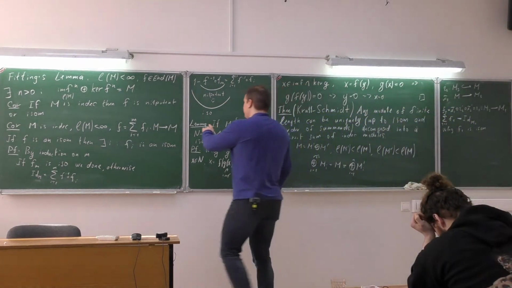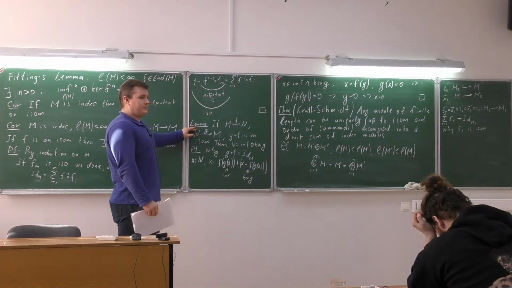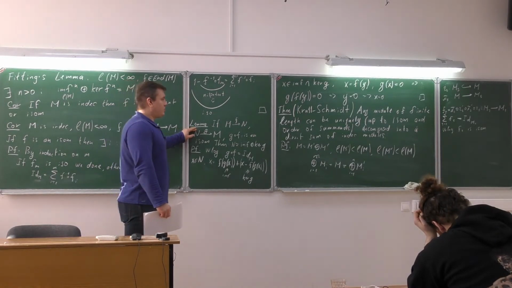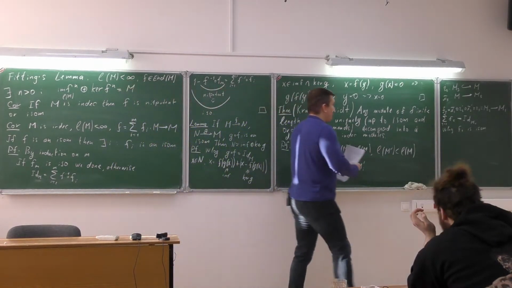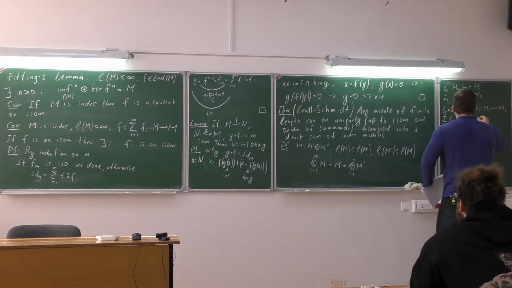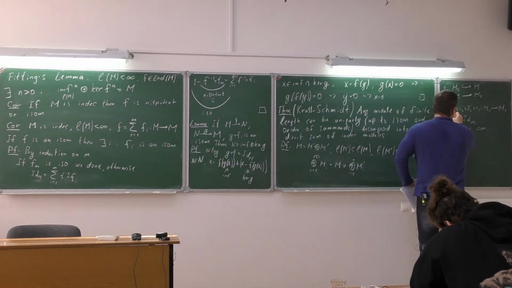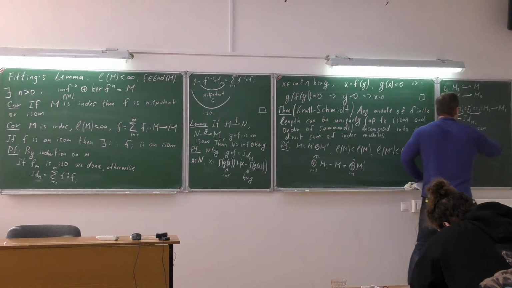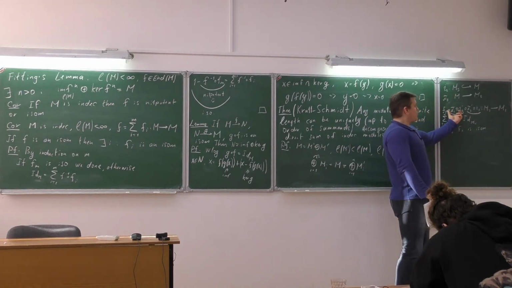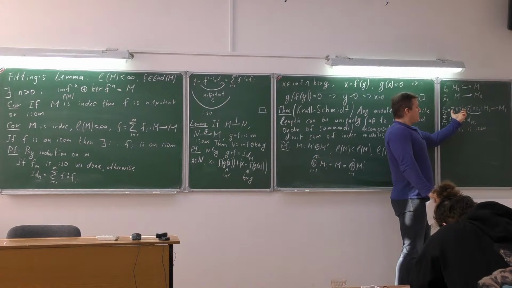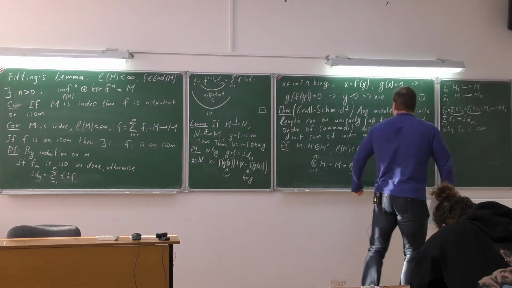I use this lemma. F1 is a map from M1 to M1, and I want to think about this F1 as a composition of these 2 maps. So this composition of 4 maps, I think about as a composition of this map, and apply the lemma to this composition of 2 maps.